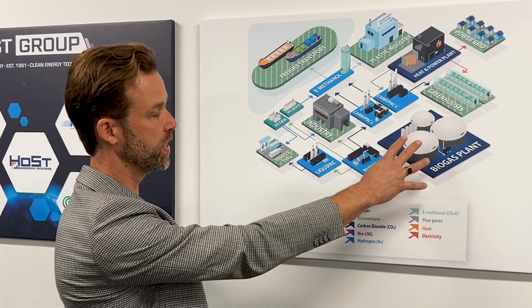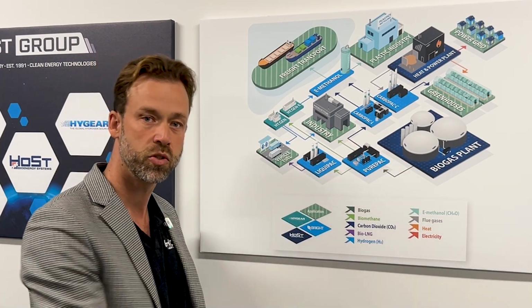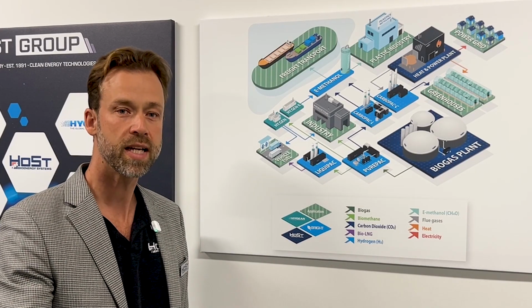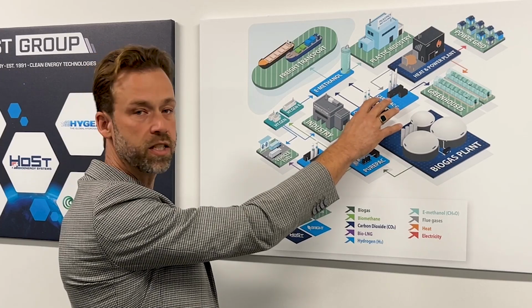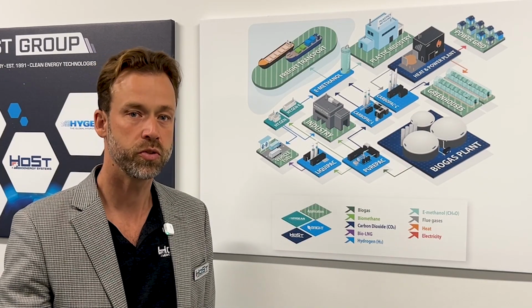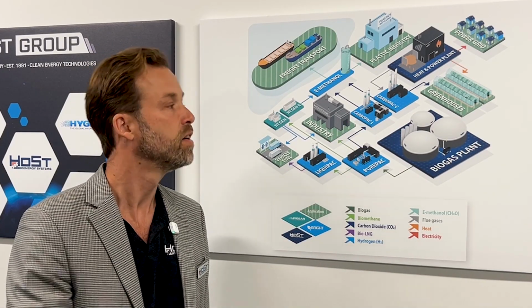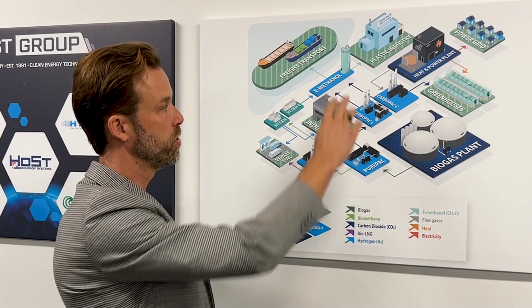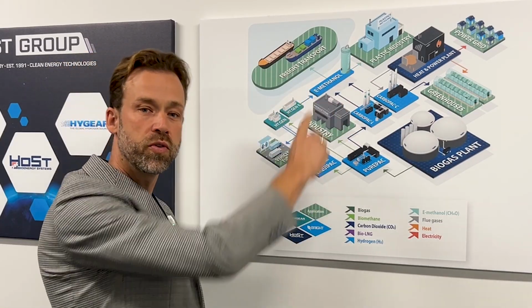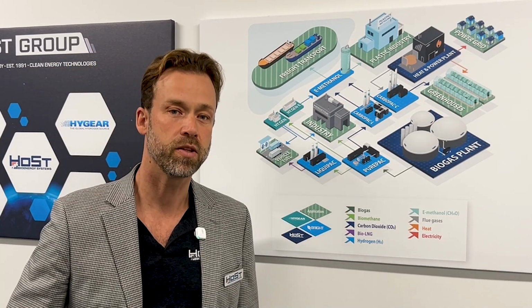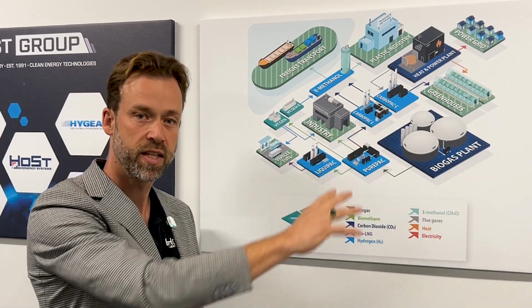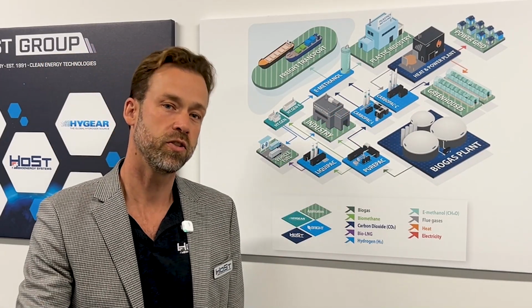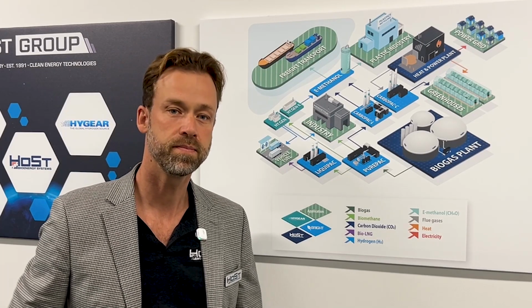But from there, we can either upgrade the biogas to RNG, utilized in the industry, utilized in your kitchen, but we can also utilize the CO2. We do purification of CO2 to food-grade liquefaction, used in greenhouses or used, for example, in more futuristic technologies where we can make e-methanol. Here you can see that everything in the industry is tied together, so it's a full circle of technologies using HoSt or Bright technology.